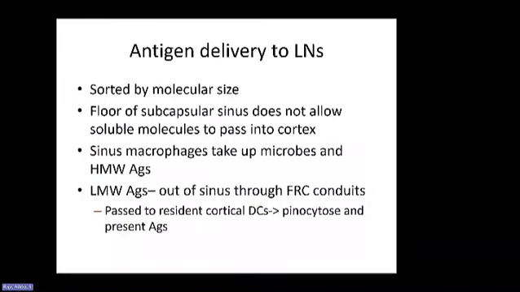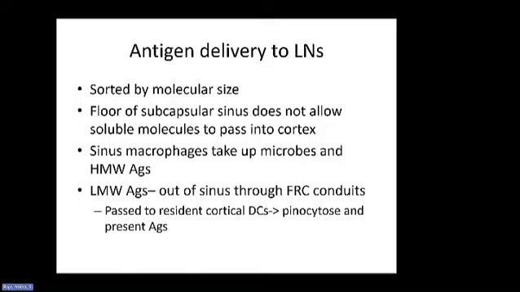All right, so we talked about how the lymphocytes end up where they end up. Now let's think about how the antigen comes where it's supposed to come in the lymph nodes. So antigen is actually sorted by molecular size. In the floor of the subcapsular sinus, there are sinus macrophages that take up high molecular weight antigens.